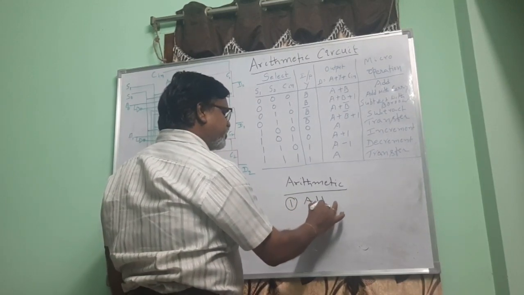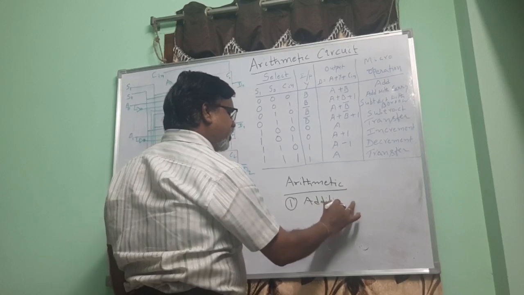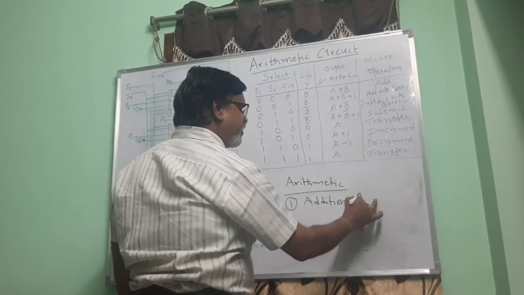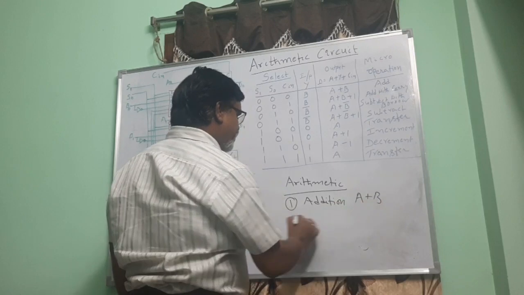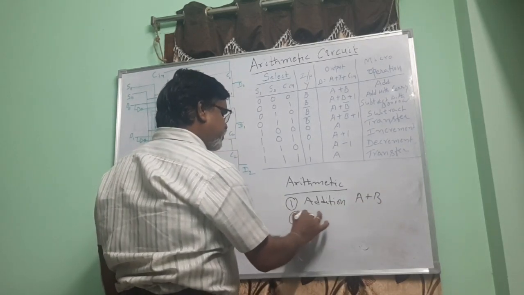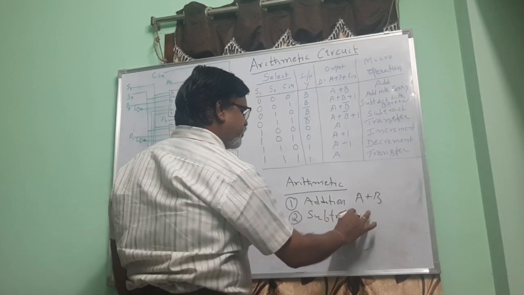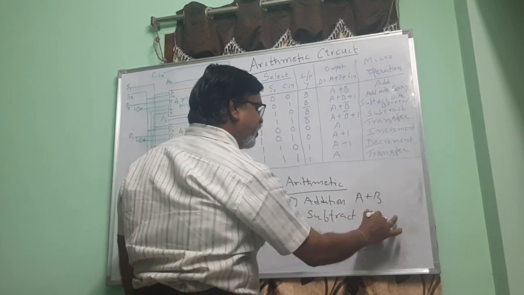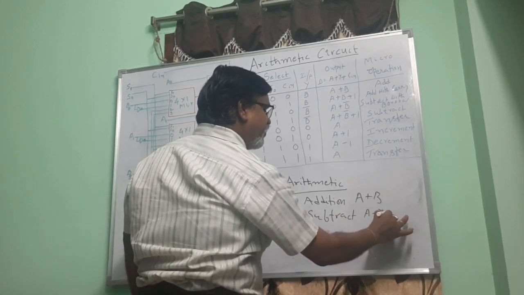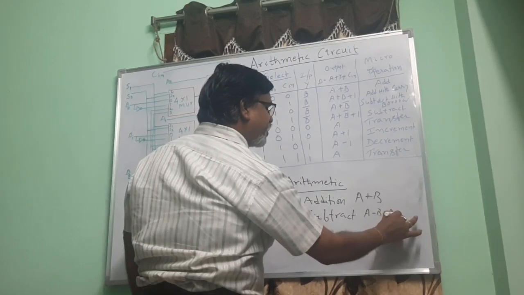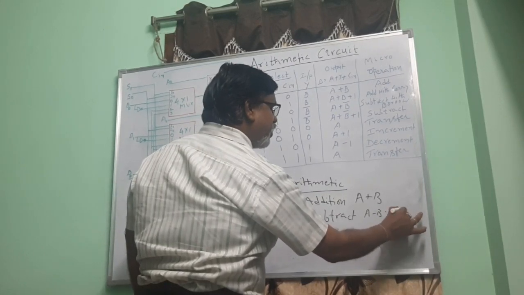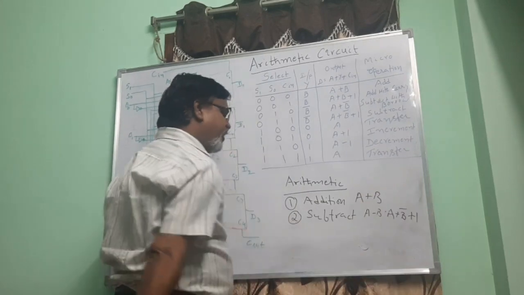We have discussed. One is addition, which is called a plus b. Second one is subtraction, which is called a minus b, which we have implemented by using 2's complement of b.